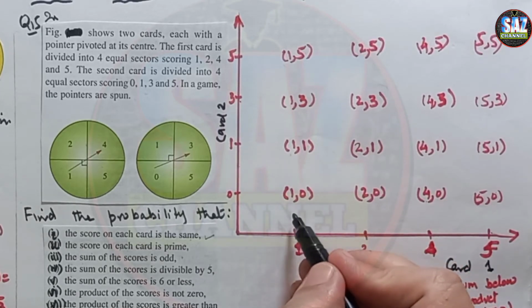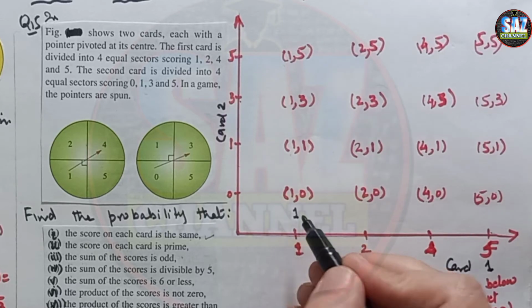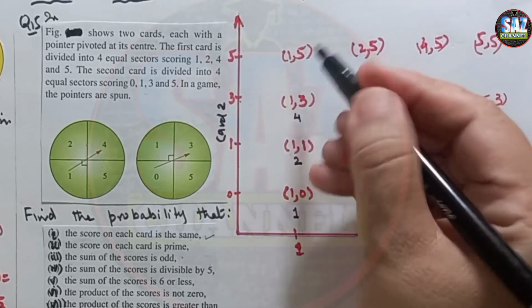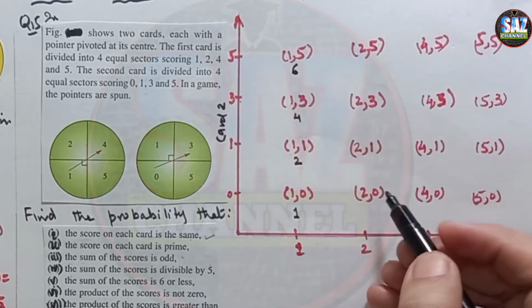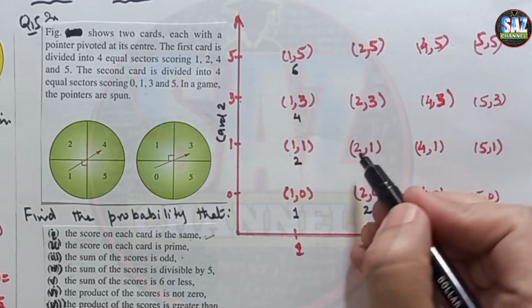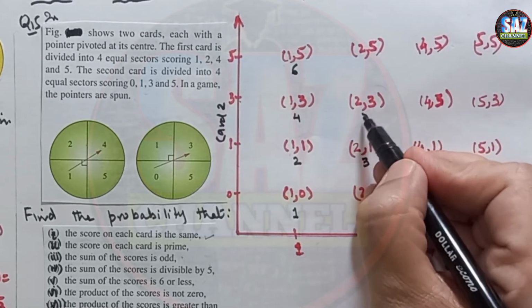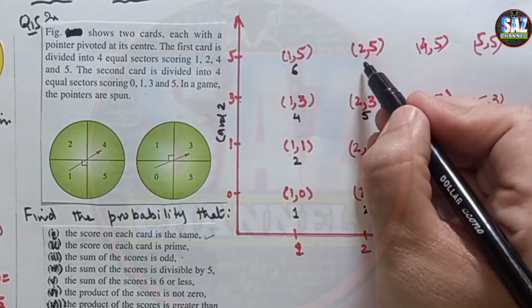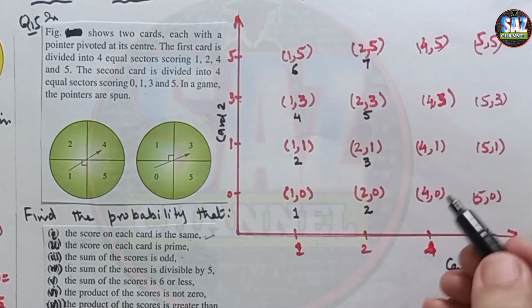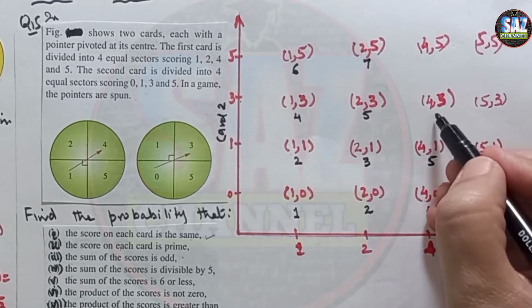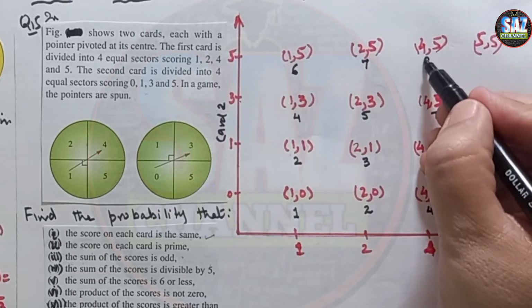This is 1, the sum is 1, the sum is 2, sum is 4, sum 6. Then 2 plus 1 is 3, then 2 plus 3 is 5, and 2 plus 5 is 7. For 4, this is sum 5, this is 7, and this is 9.